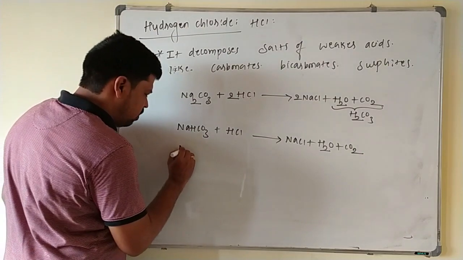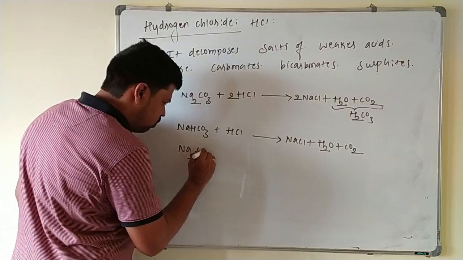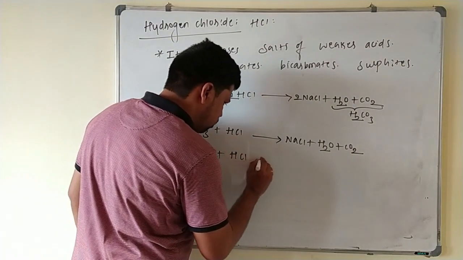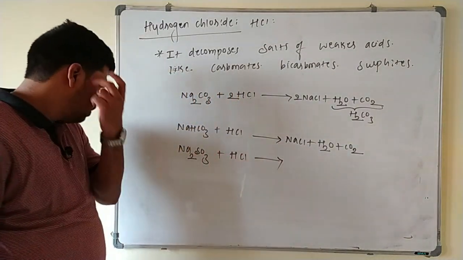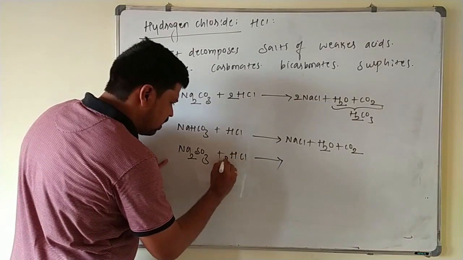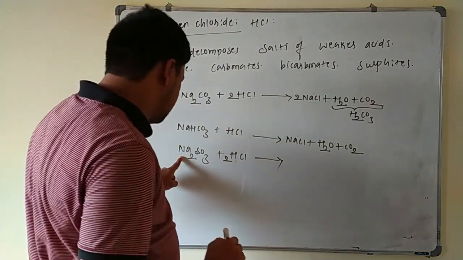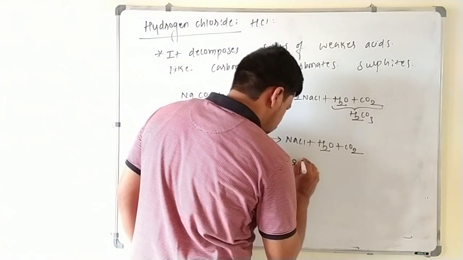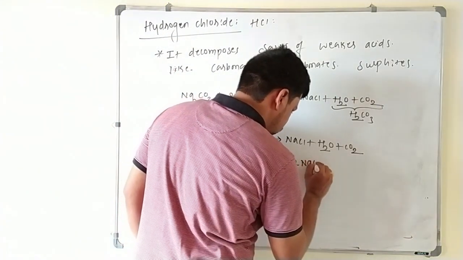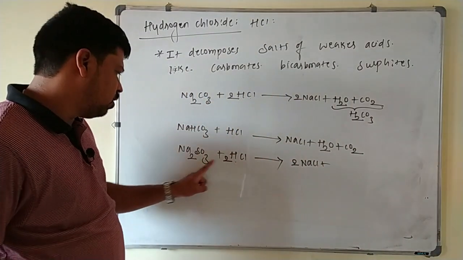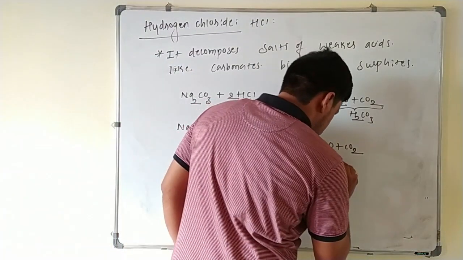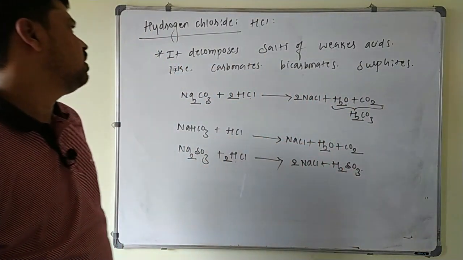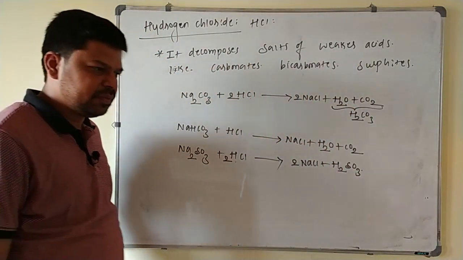Suppose if you take sodium sulfite, Na2SO3, this on treating with HCl. So you take 2 moles of HCl here, it will form 2 times of NaCl, and this will be H2SO3. This is about HCl.